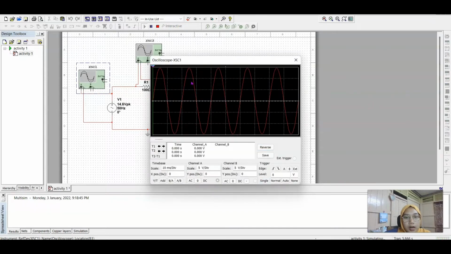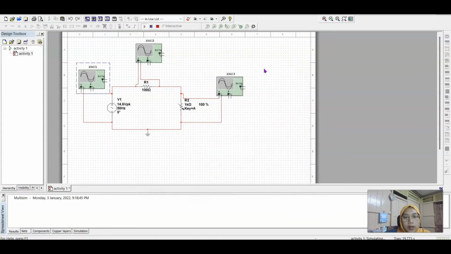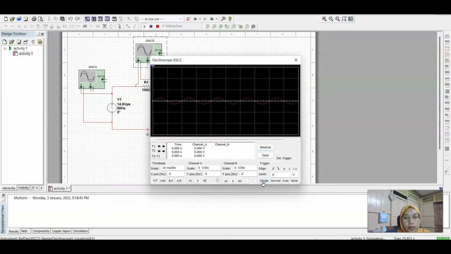This is the graph for the voltage supply. Let's check the amplitude. The peak voltage is 14.543. Let's check resistor 1. We adjust the scale and check the amplitude.